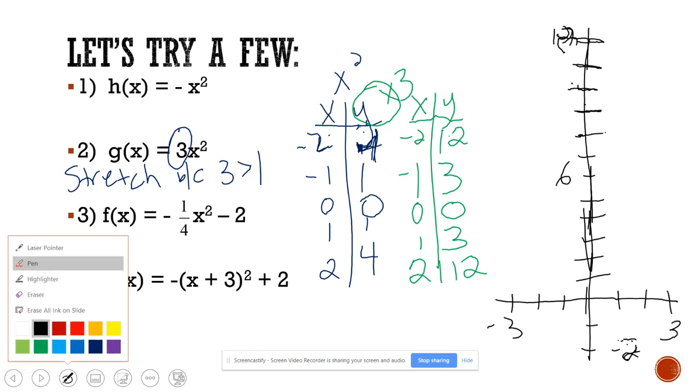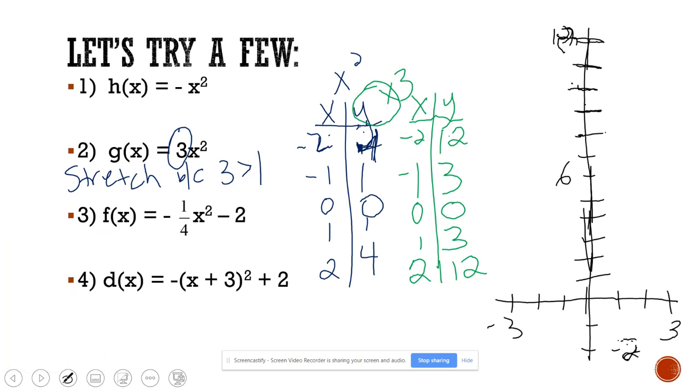All right, so I'm going to graph our parent function first. So -2, 4, -1, 1, 0, 0, 1, 1, 2, 4. And here's our sketch.